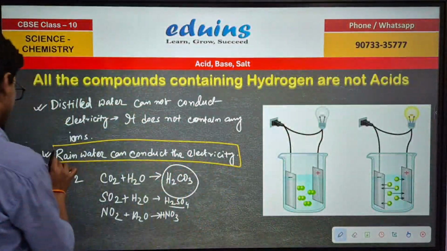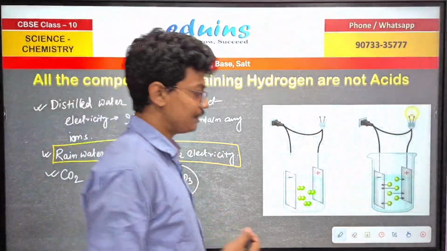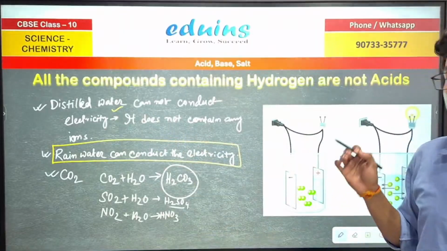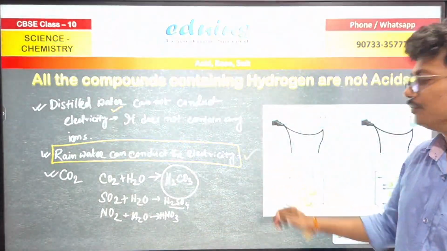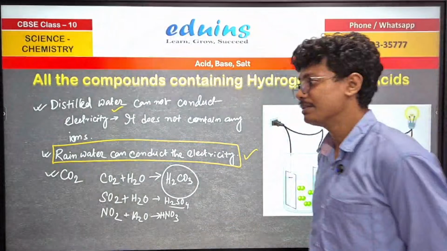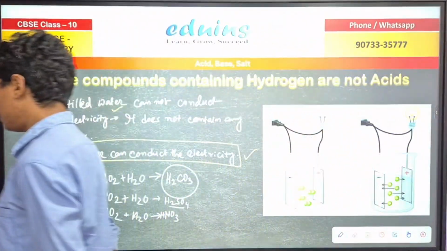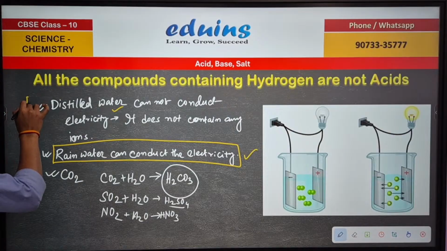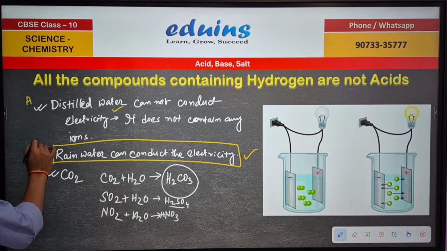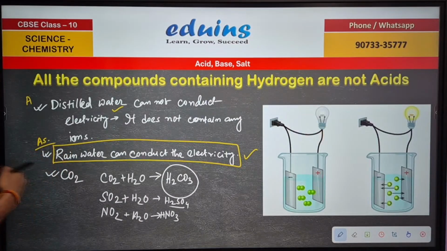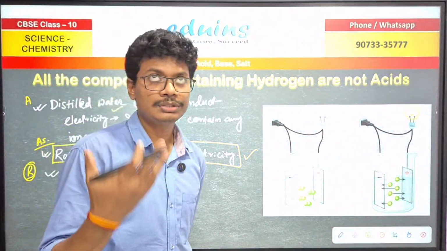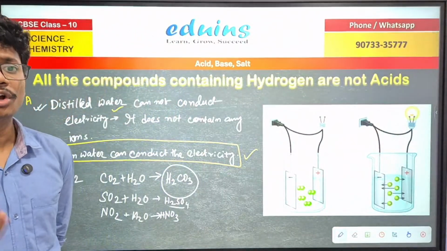So for your exam, a common question can be made that the distilled water cannot conduct the electricity, but the rainwater can conduct the electricity. Why? What is the reason? और यहाँ पे assertion दे देते हैं कि रेन वाटर कैन कंडक्ट द इलेक्ट्रिसिटी, एंड reason में दिया हुआ है कि रेन वाटर कंटेन your sulfuric acid or nitric acid.